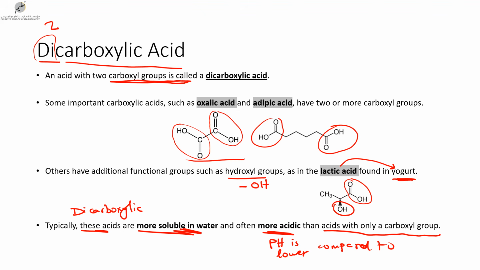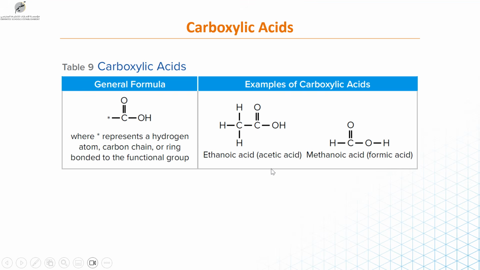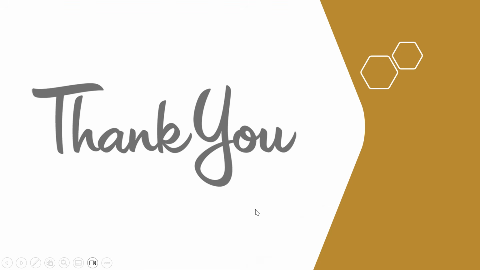So if you have more than one carboxyl group, you are more acidic, you are more soluble in water, okay? And that's it for carboxylic acids. So you can have a look at these slides. They summarize what we had just talked about, okay? And now we will stop the video and go to the next part of this section.